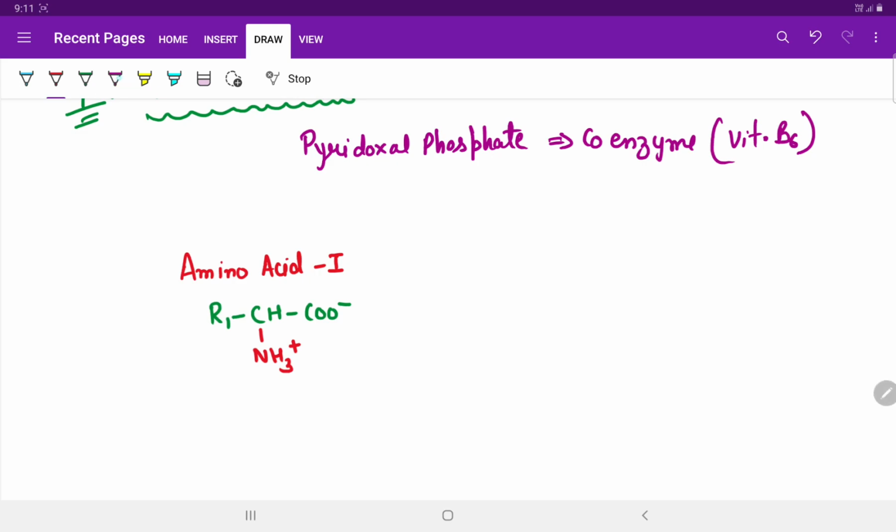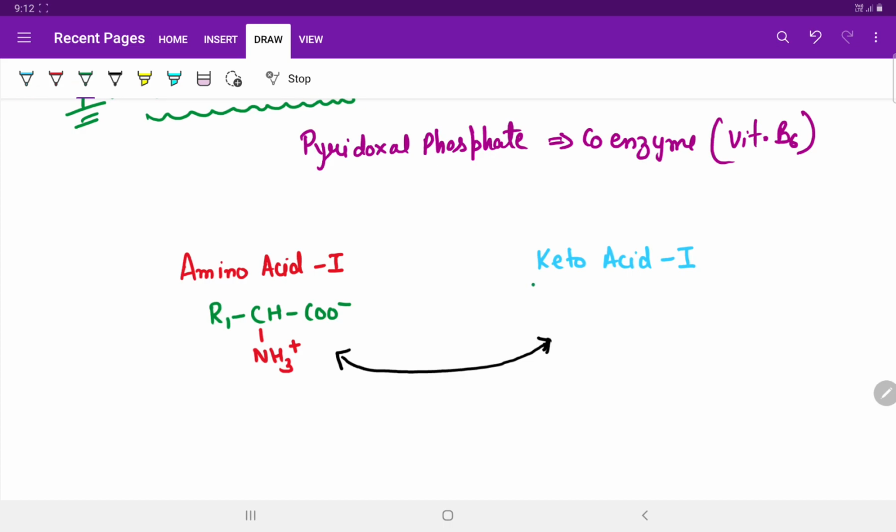So this will be converted into keto acid 1. What is this keto acid 1? This is the transfer of amino group and addition of the keto group.